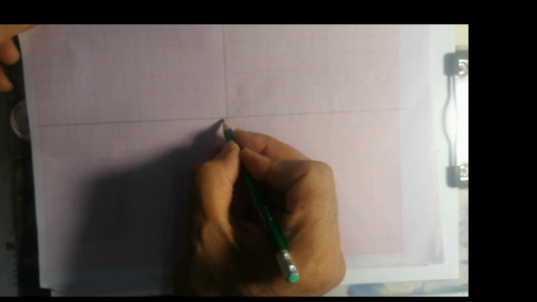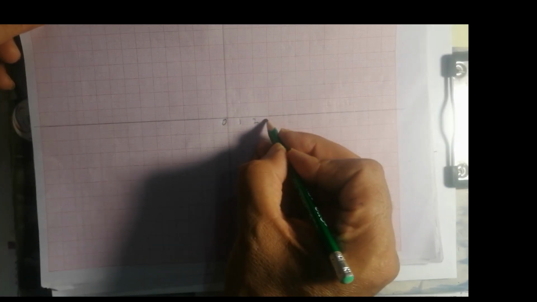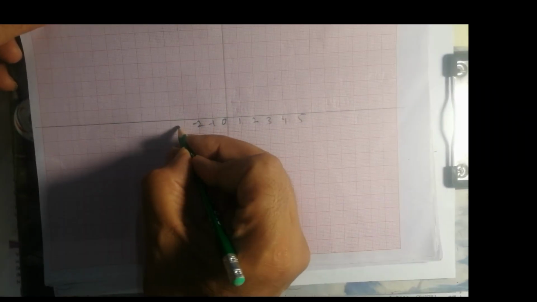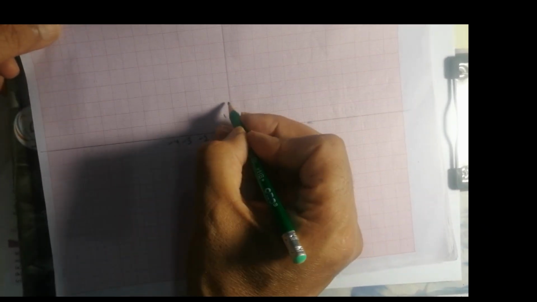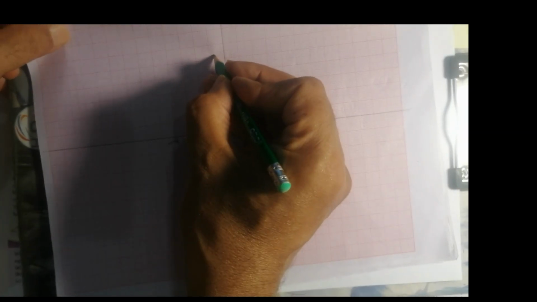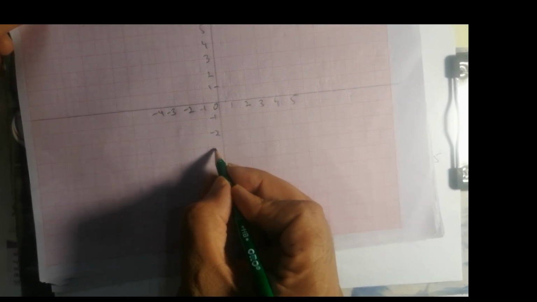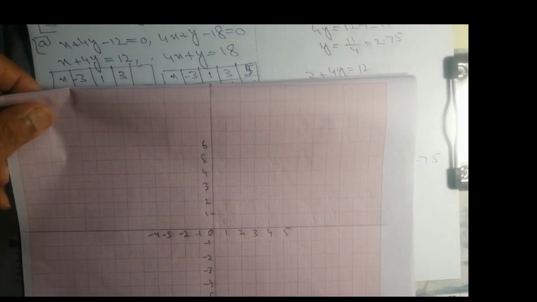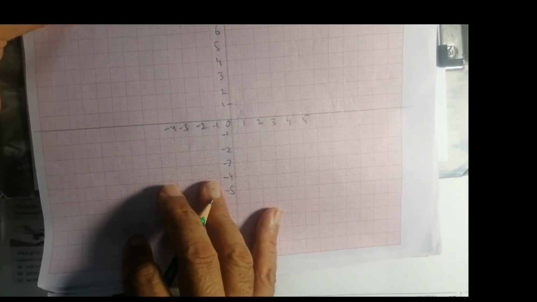So this is the point of intersection of the axes: 1, 2, 3, 4, 5, minus 1, minus 2, minus 3, minus 4, and so on. This is 1, 2, 3, 4, 5, 6, minus 1, minus 2, minus 3, minus 4, minus 5. So the first table, 1 and 2.75.